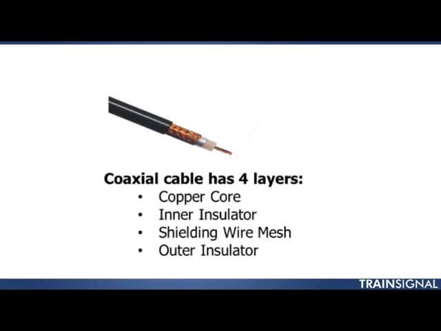Now, the next type of cable that I'd like to talk to you about is something called coaxial cable. Now, I will tell you that you really don't see much in the way of coaxial cable anymore in today's networks. But let's go ahead and make sure that you understand what coaxial cable is all about anyway. So the first thing that we need to know about these coaxial cables is the makeup of the cables.